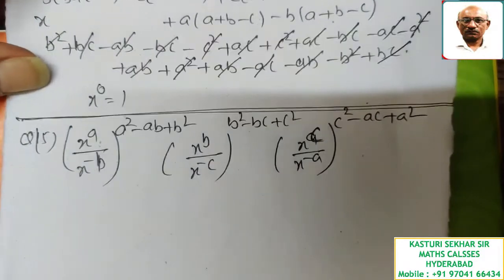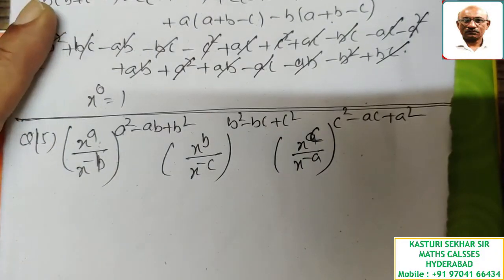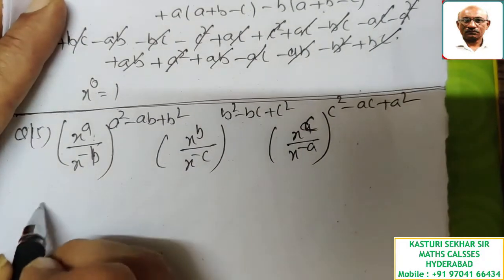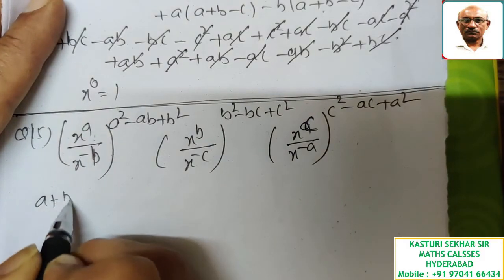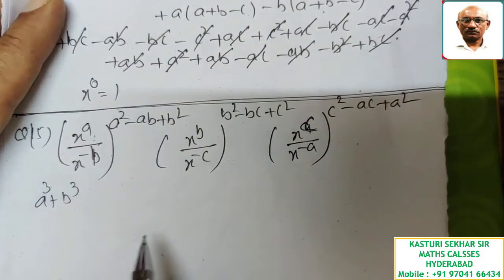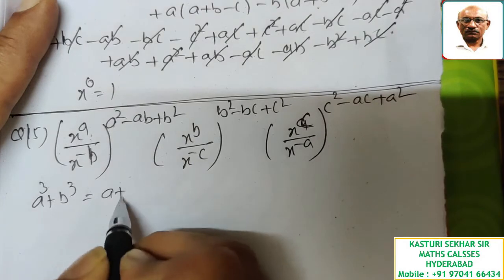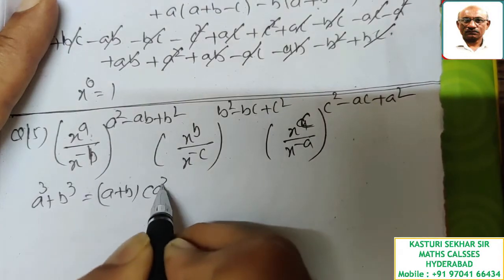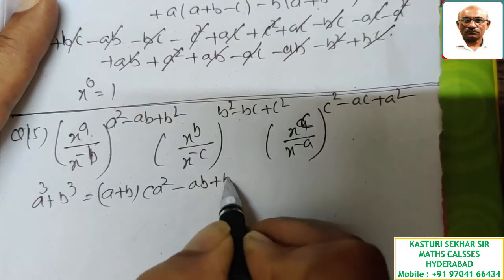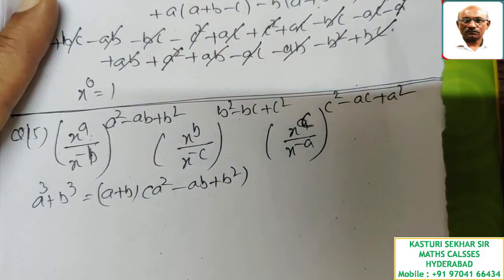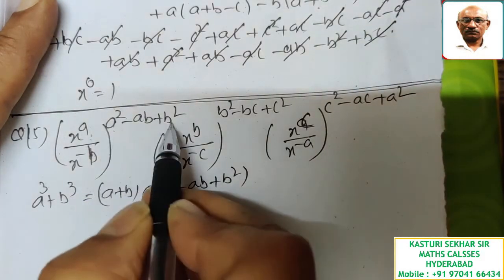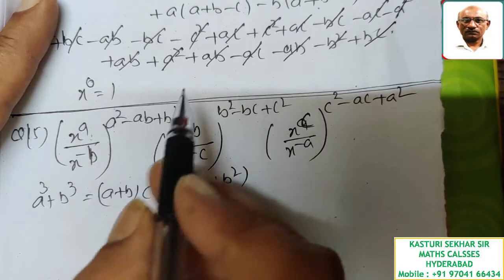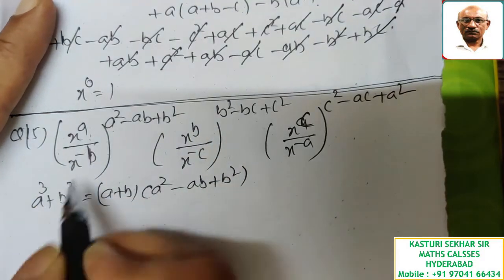Okay sir. Now there is a formula in algebra: a cube plus b cube can be written as (a+b) into (a square minus ab plus b square). A square minus ab plus b square we already have. What is required? a plus b is required.